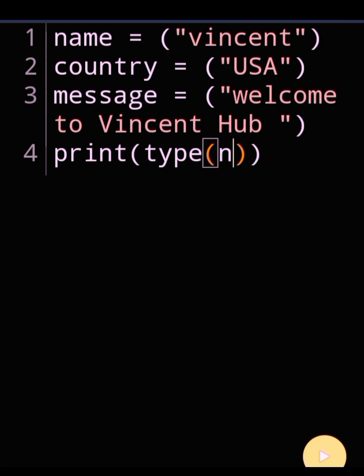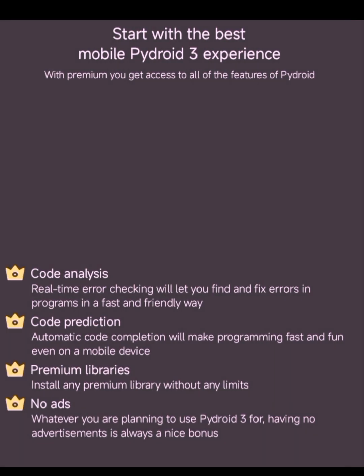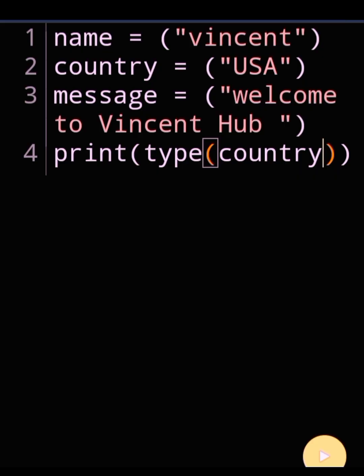Let's say country. Let's know the data type that country contains. Country, and as you can see, is also a string. So what you know is that a string is written inside quotation mark, and also the type function will tell the computer what data type it contains.